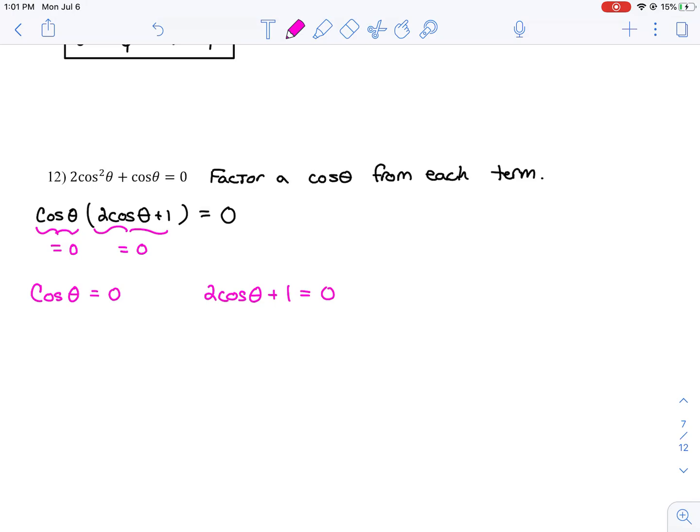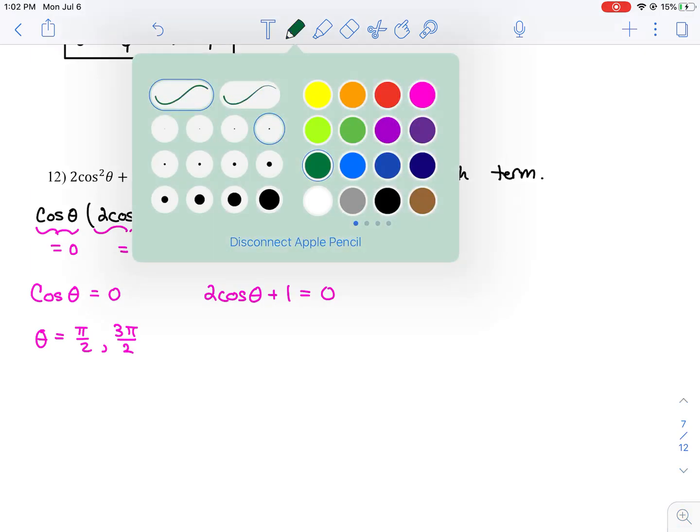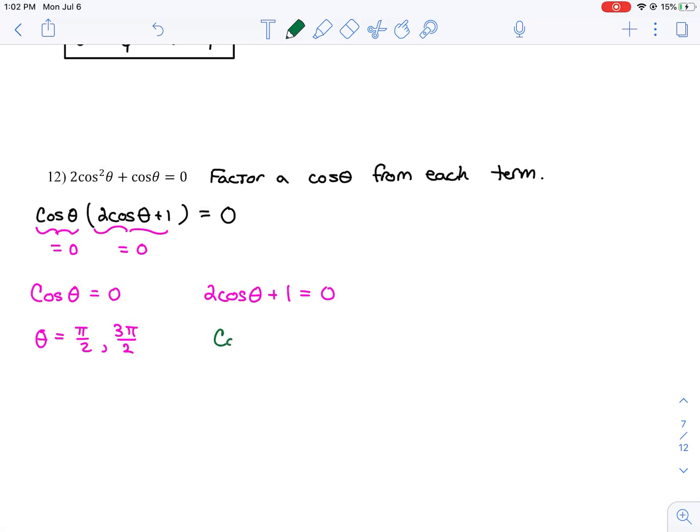And I'm going to solve the equation on the left. And I'm going to ask myself what angle or angles have a cosine value of 0. Well, pi halves and 3 pi halves have a cosine value of 0. For the equation on the right, I'm going to subtract 1 from both sides and divide both sides by 2.